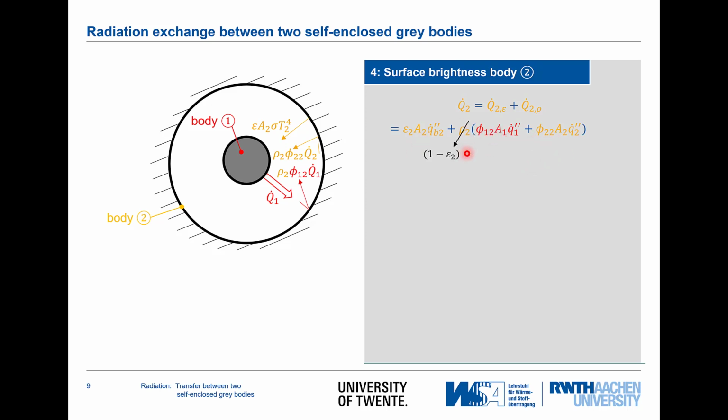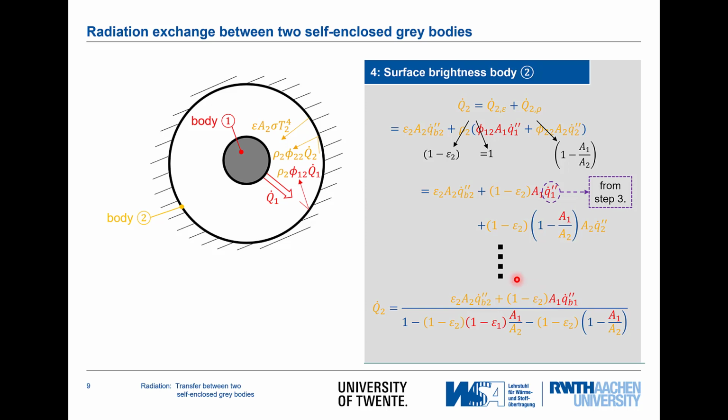This is 1 minus epsilon as shown. We have determined the view factors up front, and now we'll put in the result, and here the q dot 1 that we have done in step 3 can pull it in here, and after some cumbersome calculation we end up with this lengthy equation where q dot 2 is just a function of black body radiation, emissivities and surface areas which come in by the view factors.